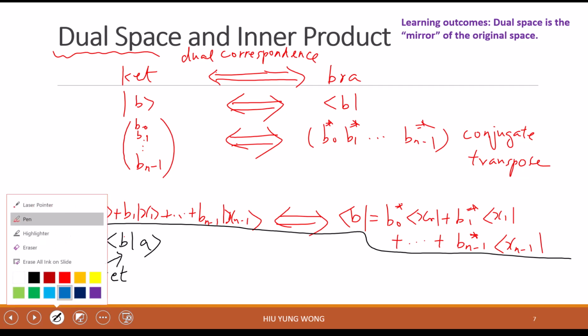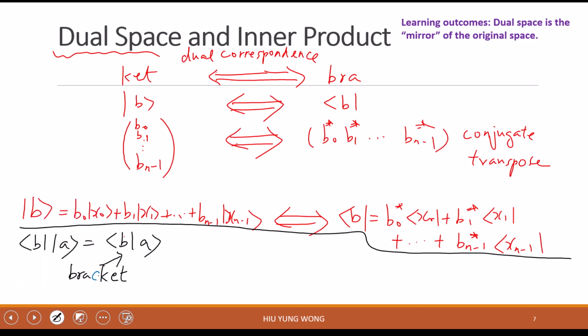But anyway, let's ask ourselves, how does it multiply? Now, we already said what B is in the matrix form. It's B0 star, B1 star, all the way to Bn minus 1 star. How about A? It's A0, A1, but in column form, all the way to An minus 1.